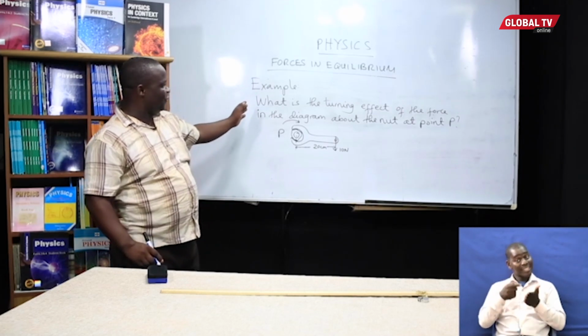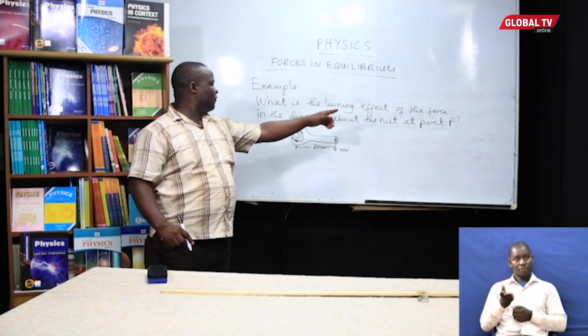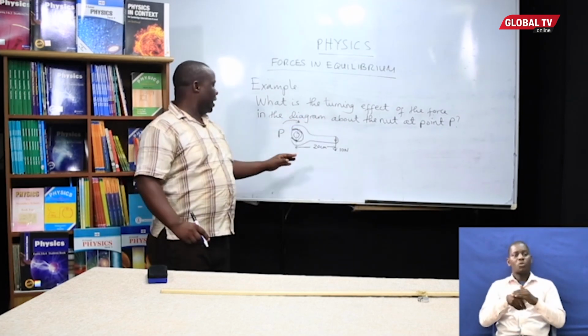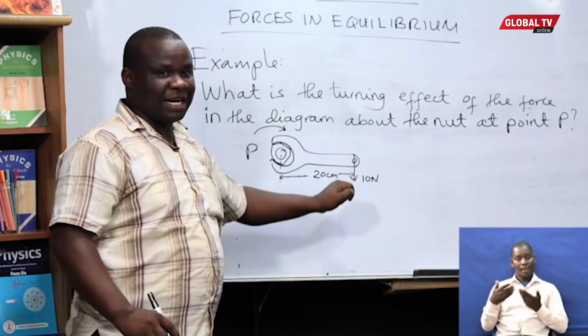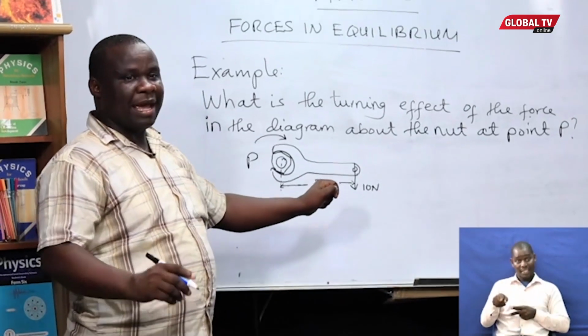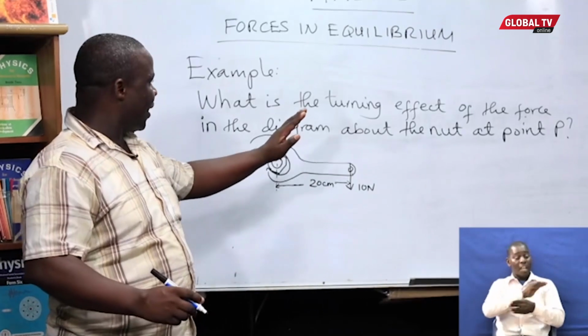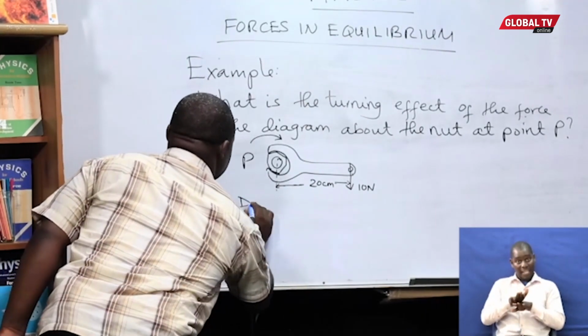A question is asking what is the turning effect of the force in the diagram about the nut at point P. We have point P here. This is a nut and this is a spanner, and a mechanic is applying force downward. Our first step is to analyze the data given.